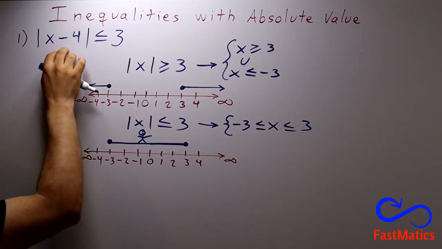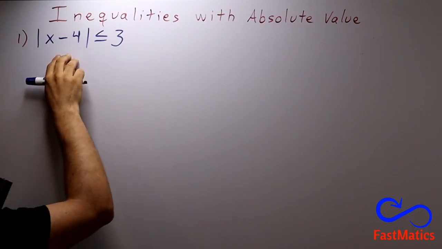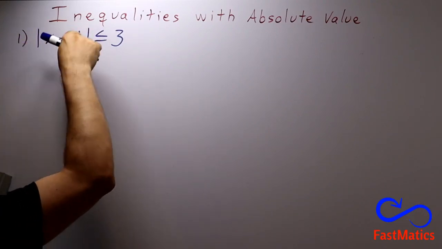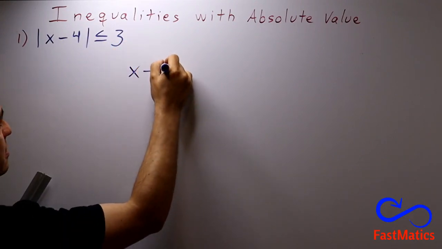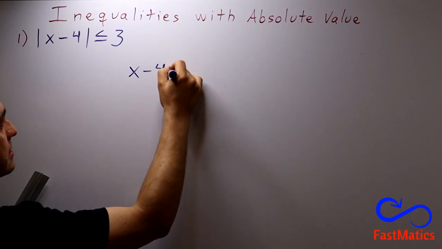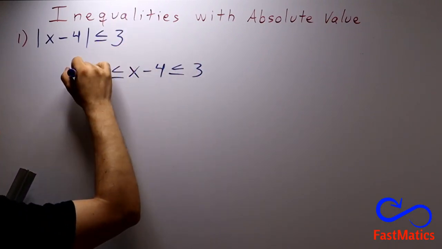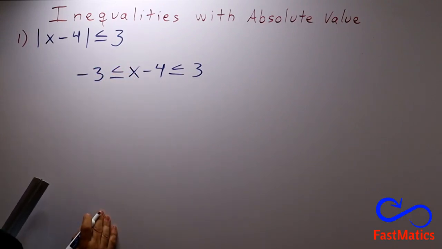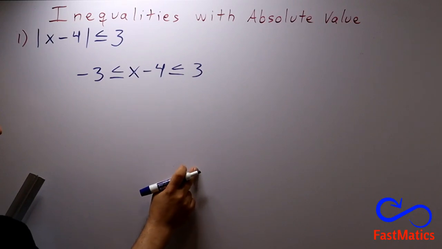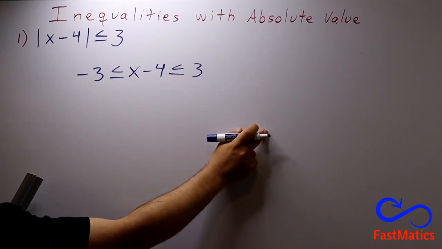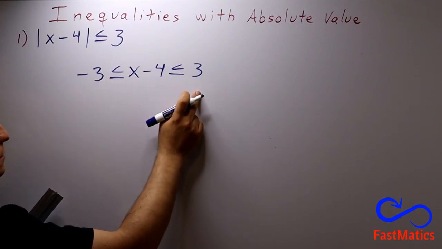We can start doing our exercise. So please remember, if you have an expression less than or equal to another number, you write the expression that is inside the absolute value less than or equal to the number that is here, and greater than or equal to the number that is here in negative. And remember, we made a video with linear inequalities that are double.